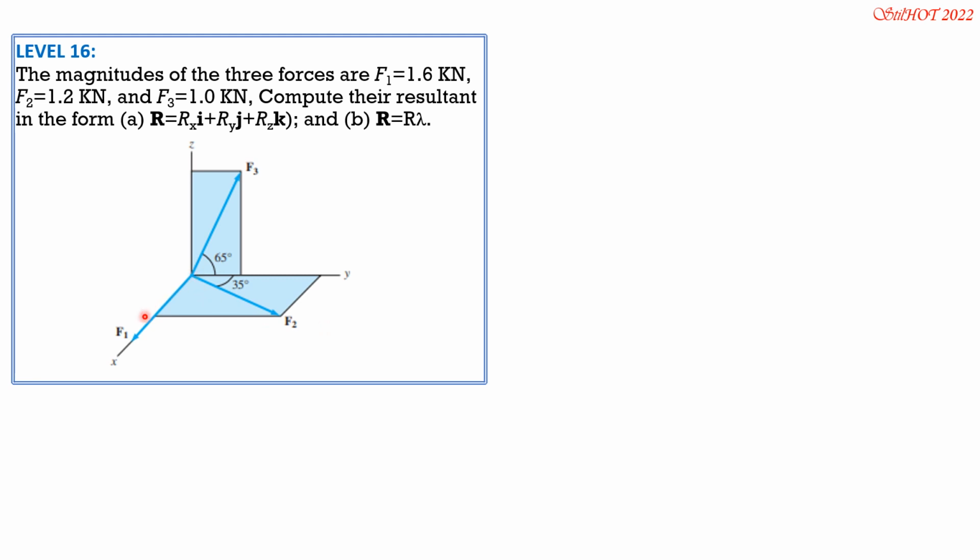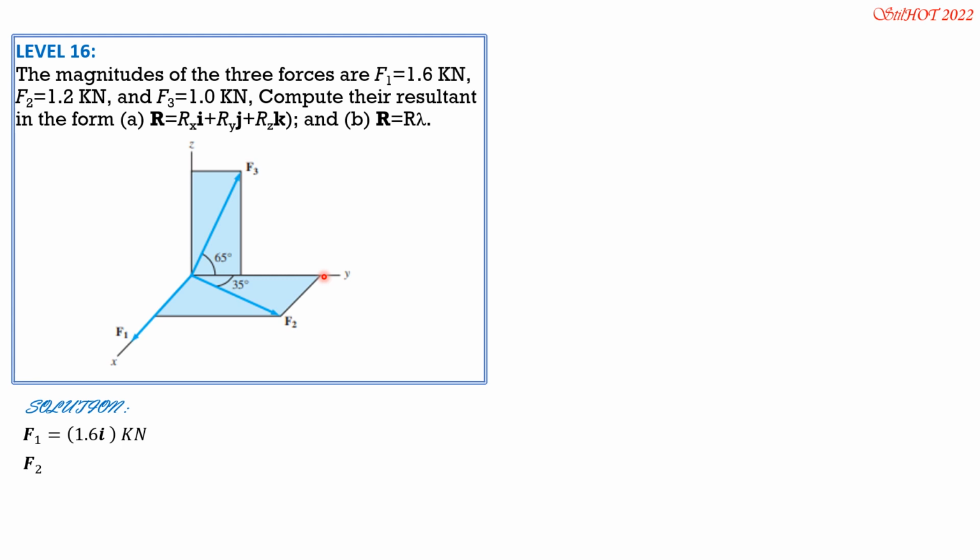Since F1 is directed towards the positive x-axis, in vector form, F1 is 1.6i. F2 is positive x, then positive y. It is along x in this direction, along y in that direction. This is 35 degrees. This is along x. So F2 is 1.2 sine 35 i, then 1.2 cosine of 35 degrees j.